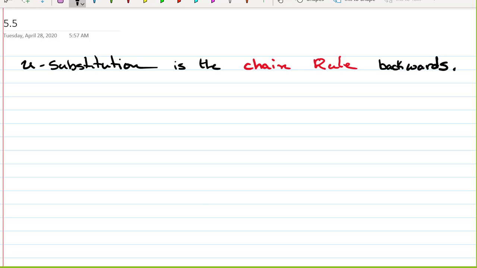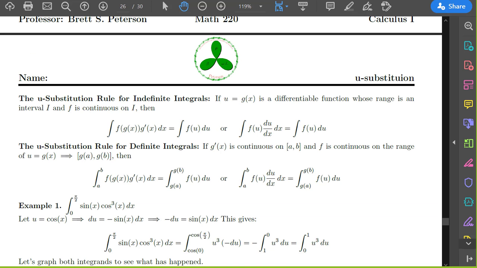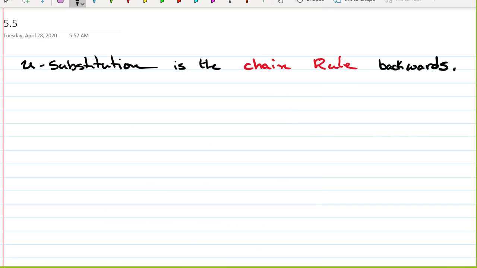So that raises the question, how are we going to use the chain rule backwards? So let's start with an example.